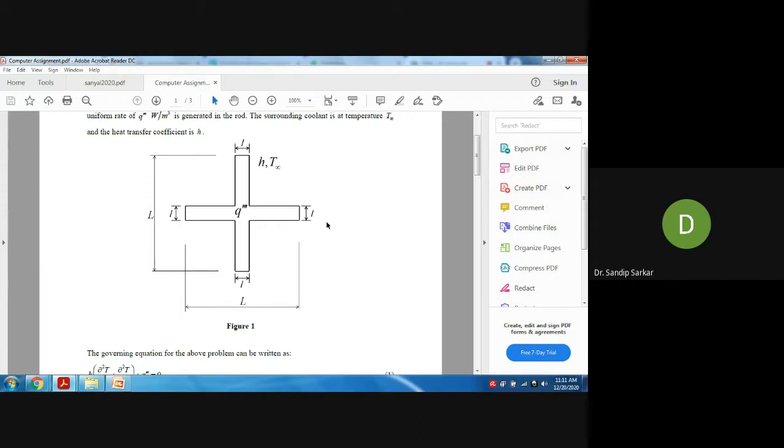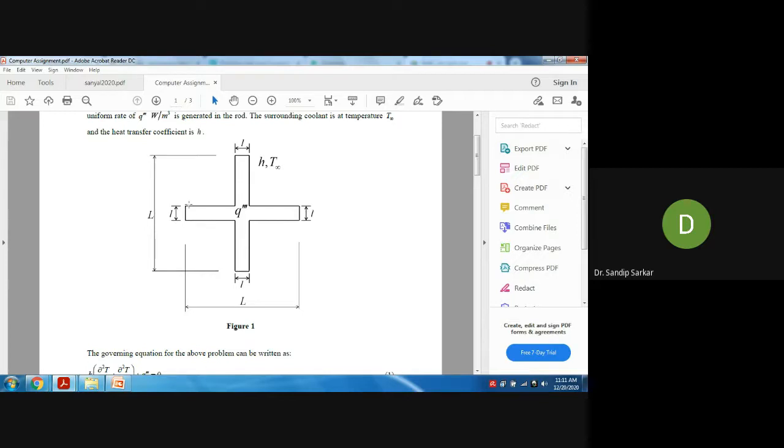Now let us see what the geometrical cross section is. The length of the fuel rod is capital L. If you call this the x direction and this the y direction, the length along the x direction is capital L, and the length along the y direction is also capital L, so both lengths are equal.